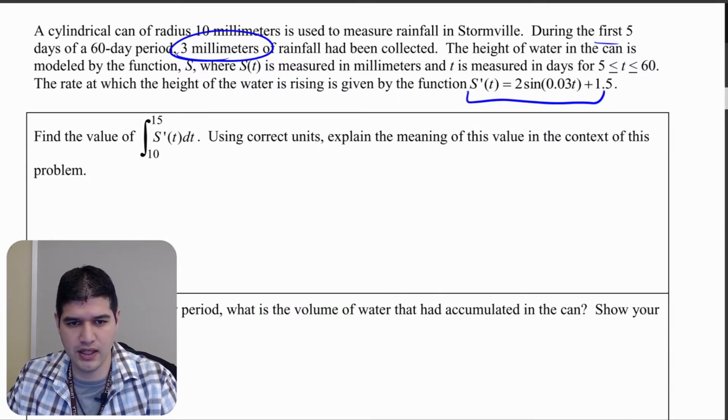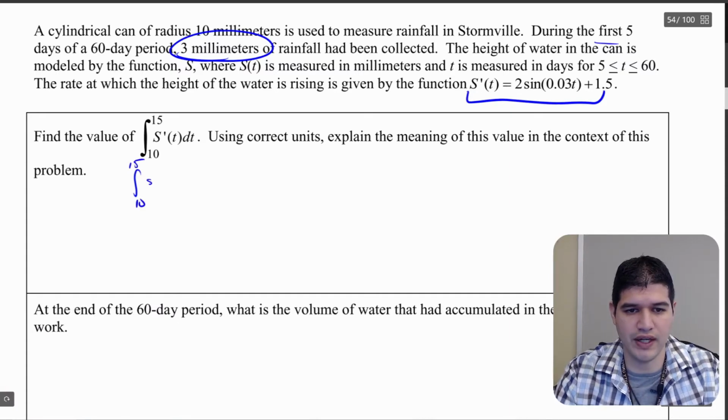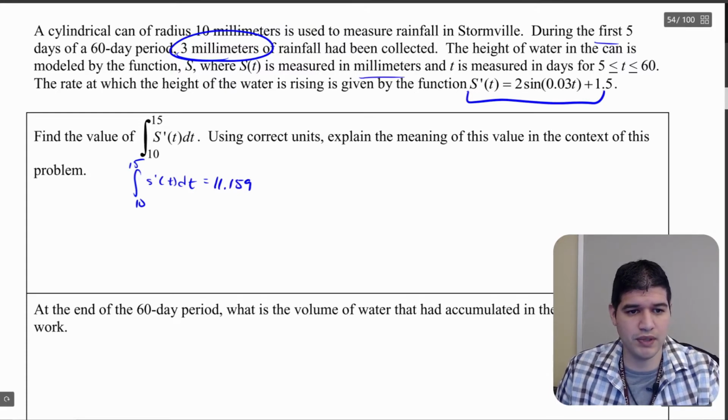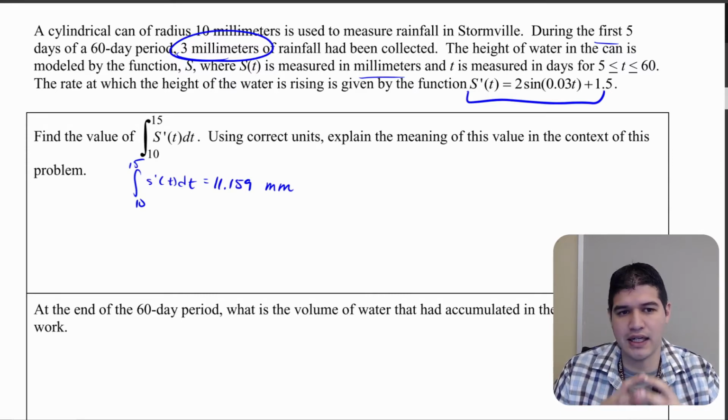So I'm going to say here that the integral from 10 to 15 of s prime of t dt is equal to 11.159. And then the units for this is going to be millimeters. So 11.159 millimeters. So what does this mean in the context of our problem?